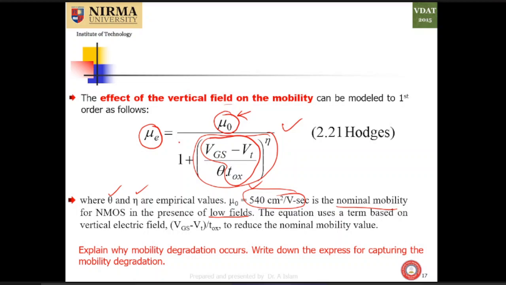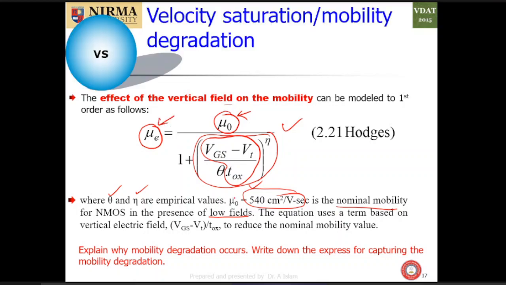We should first include the effect of vertical field by using this equation, and then we get the effective mobility, mu E. We have seen in this equation that the actual low-field value will get reduced.